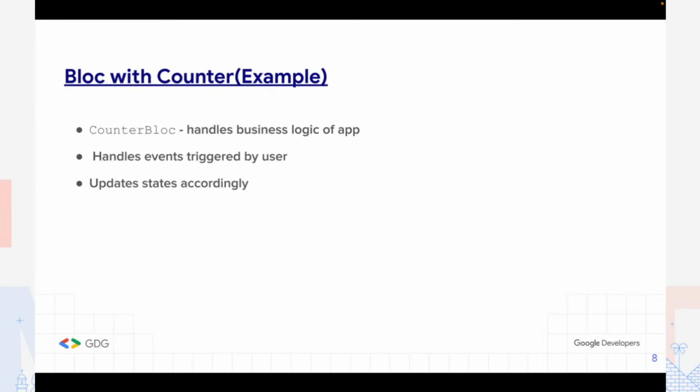So we have two events, and every time the user triggers an event, the definition of that would be in the block, and it also updates the states accordingly. Certain operations will be performed, certain code will be run, and after that, we will be emitting the states. So this is what our counter block does. It handles the logic of the application, handles events that will be triggered by the user, and accordingly, it updates the states as per those events.